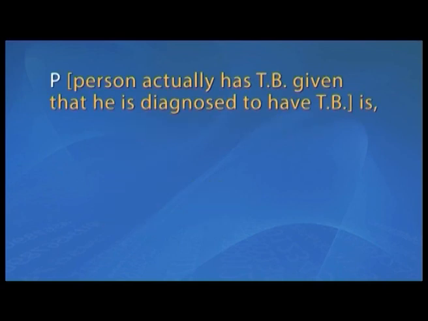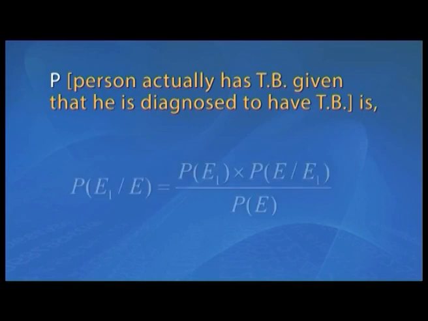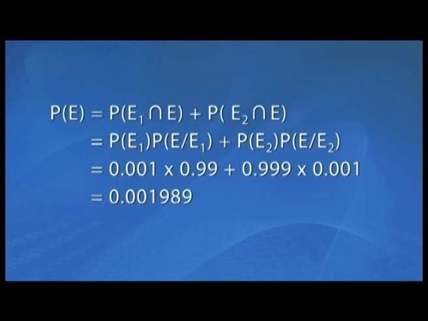Using Bayes' theorem, the required probability that the person actually has TB is given by P(E1|E) = P(E1 ∩ E) / P(E), where P(E) = P(E1 ∩ E) + P(E2 ∩ E) = P(E1)·P(E|E1) + P(E2)·P(E|E2) = 0.001 × 0.99 + 0.999 × 0.001 = 0.001989.